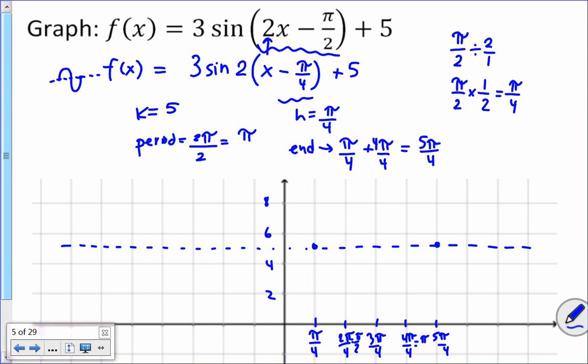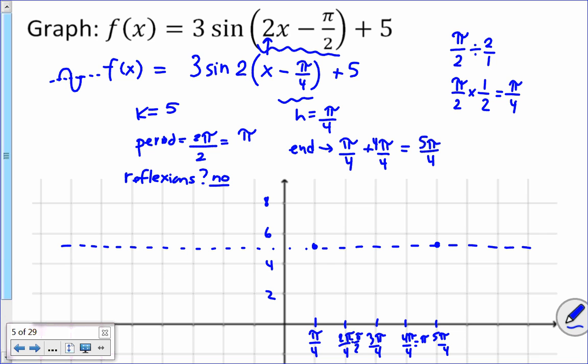What else do we need? Oh, we need to check if there's a reflection. Is there any reflection? No, because there's no negative, so make sure you check. Did we use all the numbers in our formula? What do we need to use? Oh, min and max.